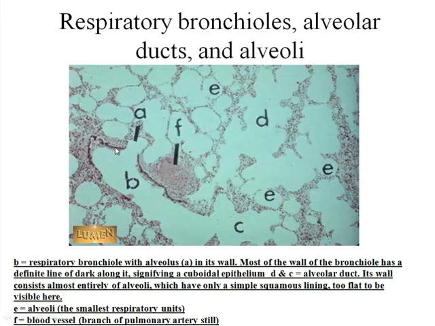Because it is lined with cuboidal epithelial cells, and they are dark in color, and all these are lined with simple squamous epithelial lining. This helps you in identifying a slide in practical courses. When we keep a lung slide under the microscope and we have to identify it, there is no label. By seeing such structures, you can correlate that this is a lung TS.